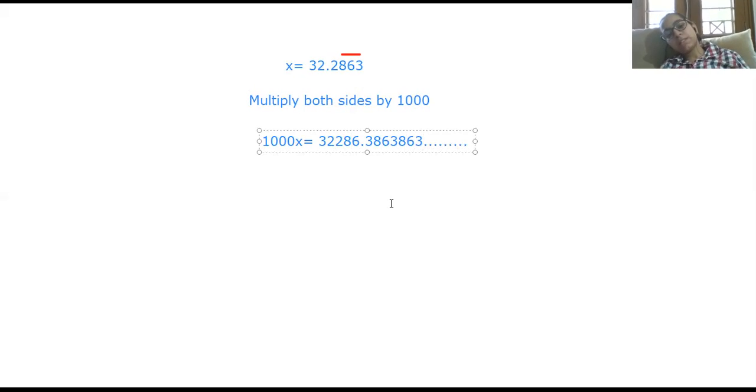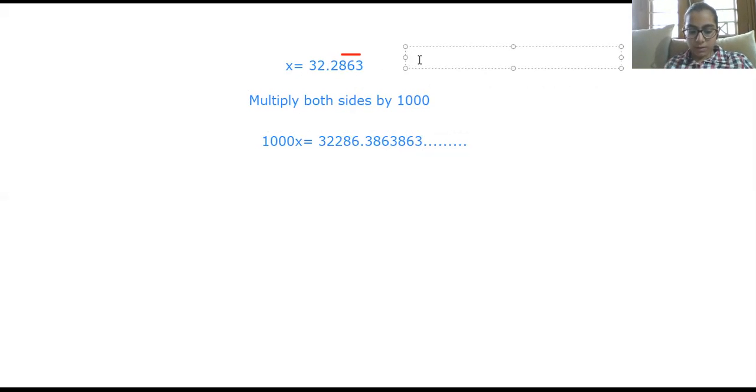Now I'm going to explain the step. Just write this as x equals 32.2, and now 863 have a bar on them, 863 863 863 till infinity.